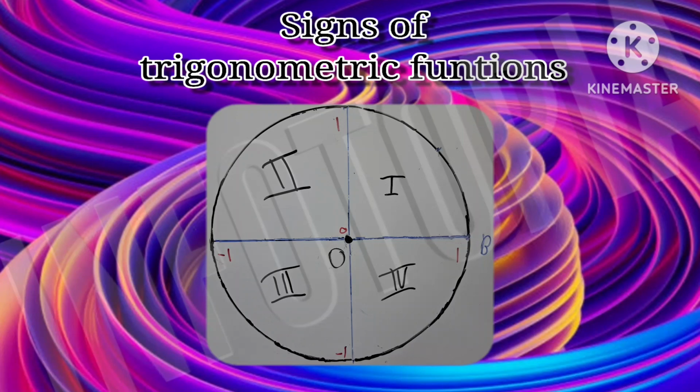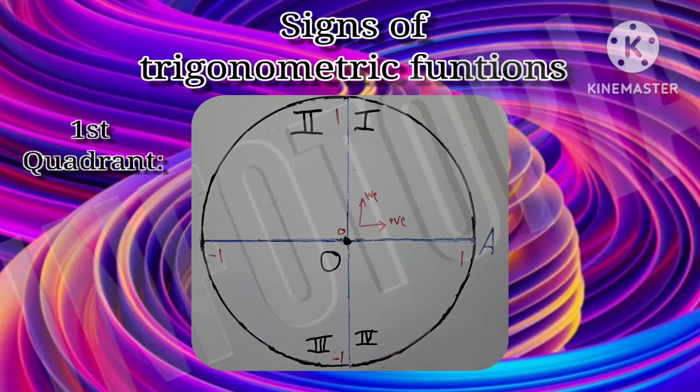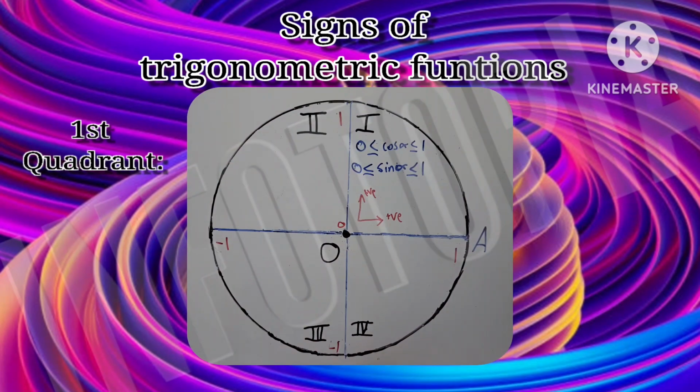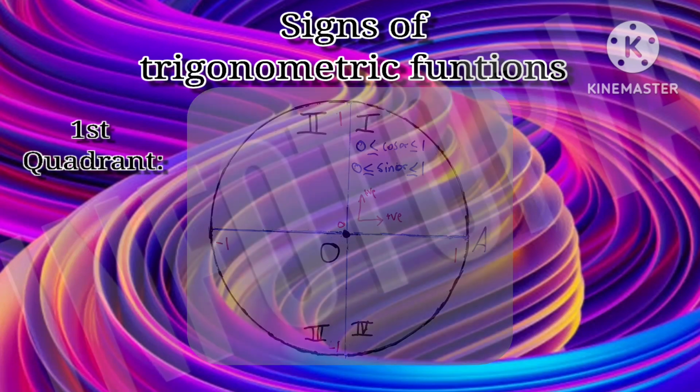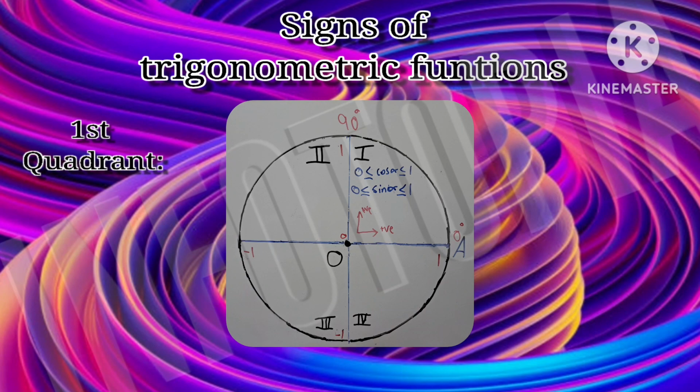Now, if we view a trigonometric circle, we notice that in the first quadrant, both coordinates are positive, where their values are between 0 and 1 on the axis, and therefore all previously mentioned functions are going to be positive, and the angle will be between 0 degrees and 90 degrees.